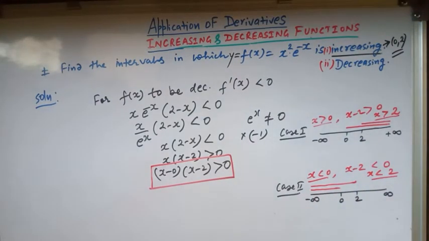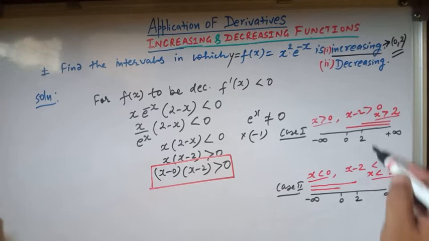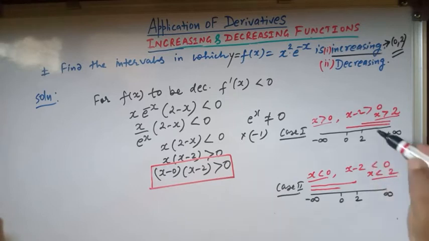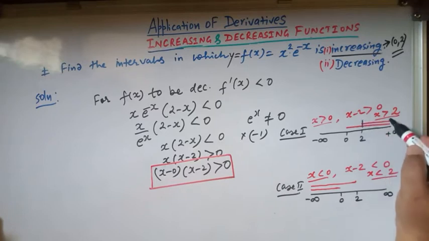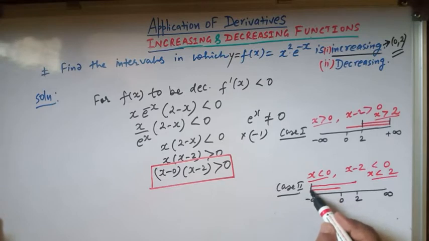So viewers, from these two cases, we find that the common region is 2 to infinity, and here we have minus infinity to 0. Clear?